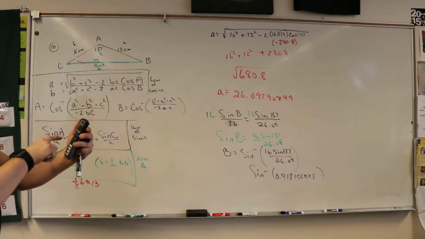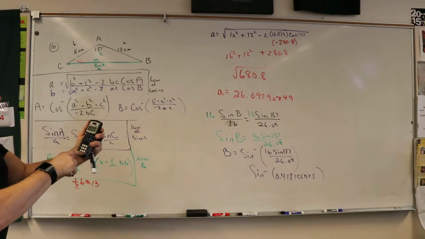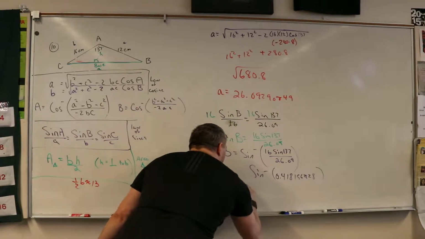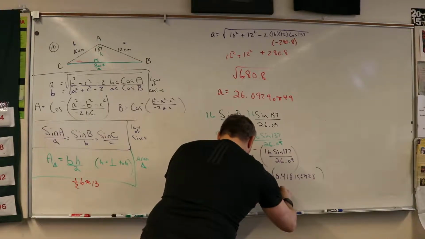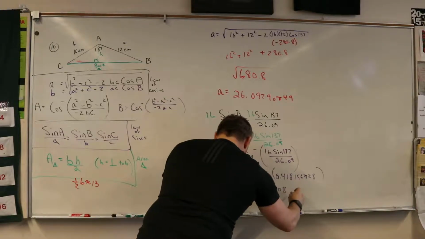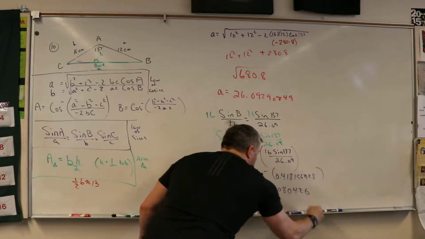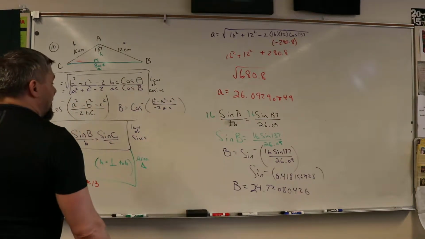So I'm just going to go inverse sine and then answer equals B is equal to 24.7208. Sorry, that's a 0. 80426. Okay? That's how many degrees it is.